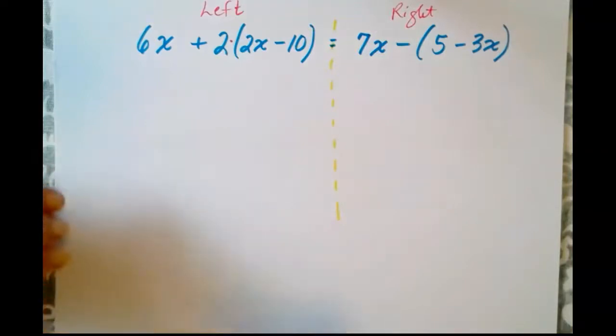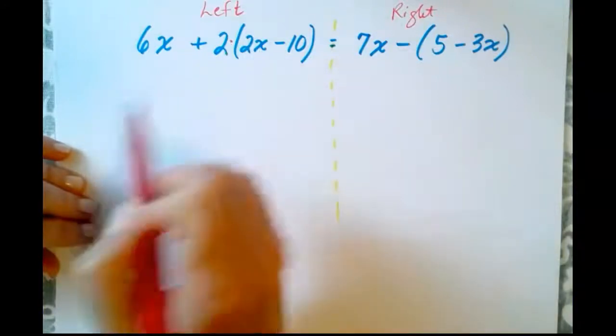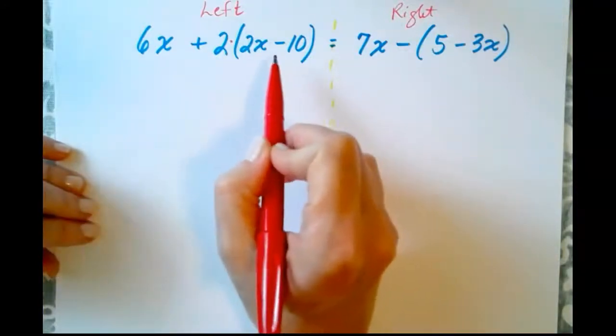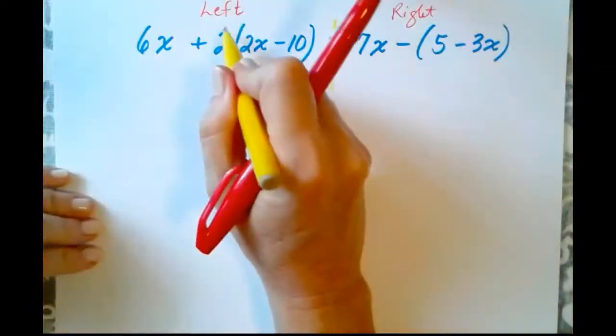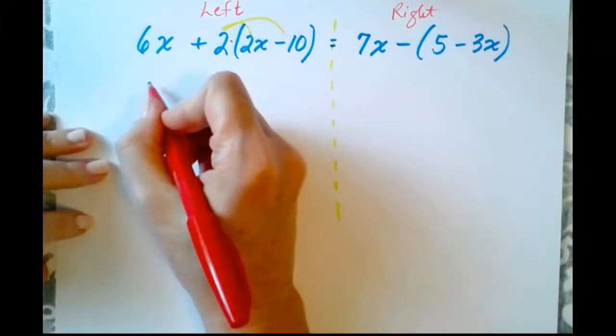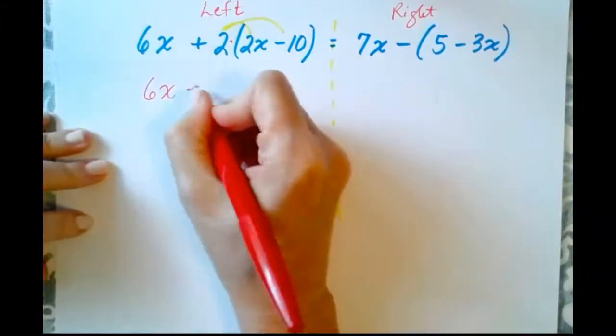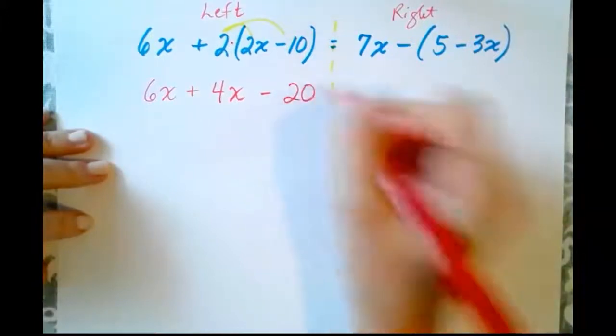So let's do that. 6x plus 2 times (2x minus 10). Now there's nothing to do inside of the parentheses, but we can use the distributive property to multiply by 2. So we end up with 6x plus 4x minus 20.